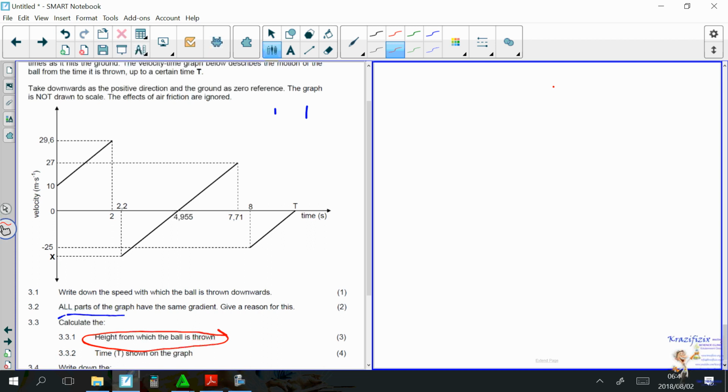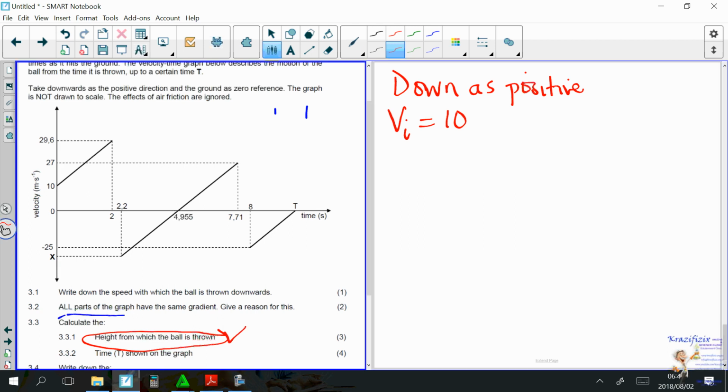What do we know? Downward as positive. What's my initial velocity? 10. Question says the height from which the ball was thrown. All right. Down, v is positive 10.